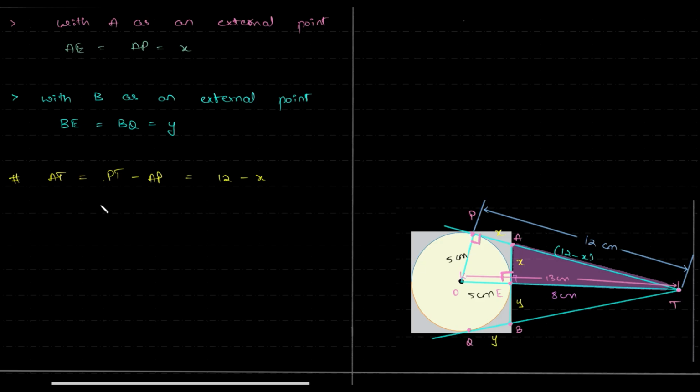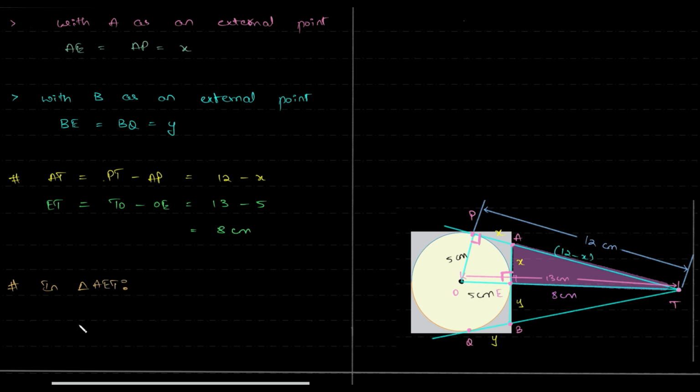And now on to talking about which side. We are talking about ET. So ET is equal to TO, the entire length, minus OE. So this is 13 centimeter minus 5 centimeter, which is equal to 8 centimeter. Then what else do we have? I think we're almost done. Now we'll consider triangle AET.